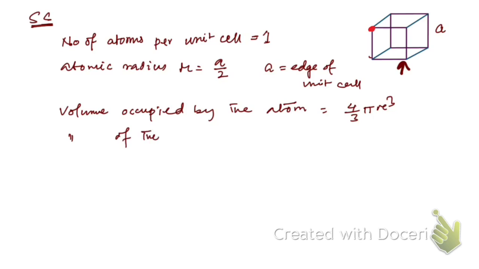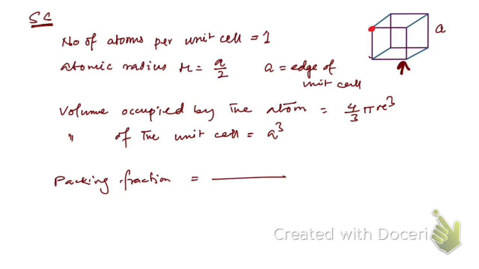So volume of the unit cell is going to be equal to A cube, right? So packing fraction will be given by the volume occupied by the atom, 4 by 3 pi r cube, divided by the volume of the unit cell, that is a cube.